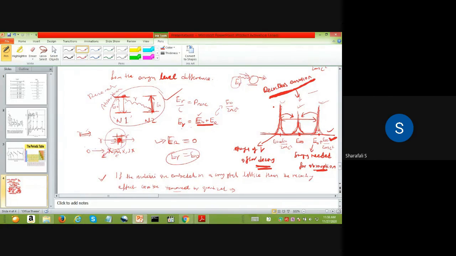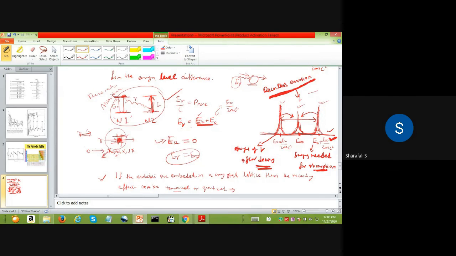So from that we can understand the excited state to ground state energy difference by measuring the energy of the gamma radiation coming from that recoilless emission. It will have the full energy, which is nothing but the energy difference between the excited state and the ground state.